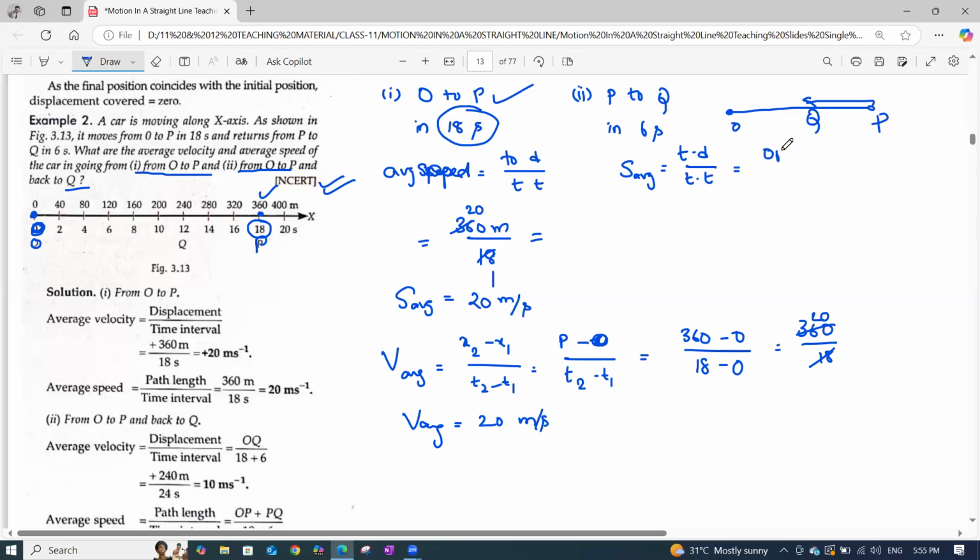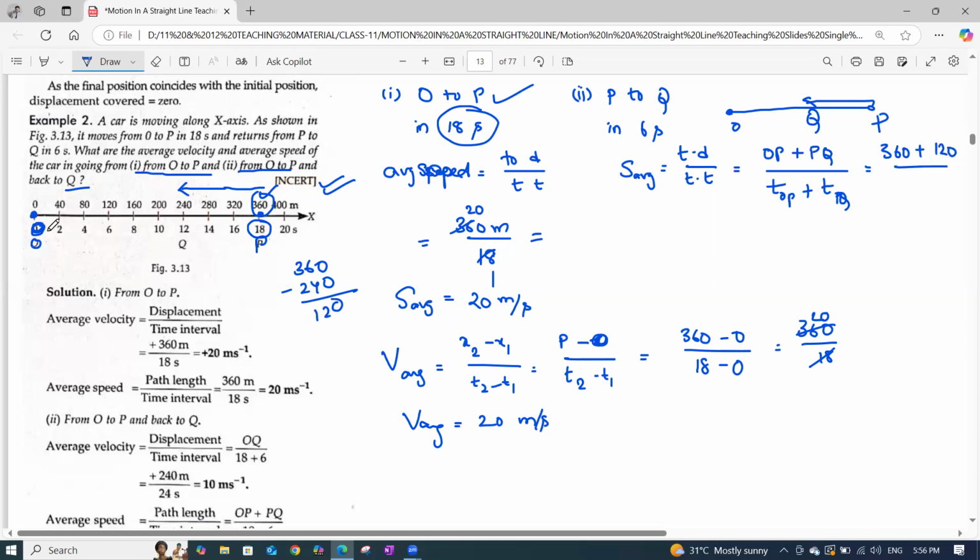Total distance is OP, first it is moving and then it is coming back from P to Q, OP plus PQ upon time taken from O to P plus time taken from P to Q. That is equal to, from O to P, distance is 360 plus from P to Q. You see, from 360, it is going back to 240. So how to take 360 minus 240? It becomes 0, 6 minus 4 is 2, 3 minus 2 is 1, 120.